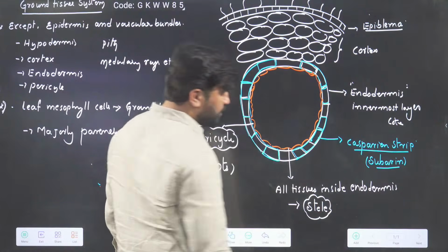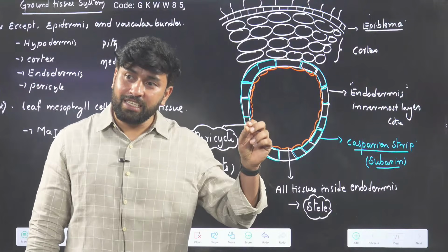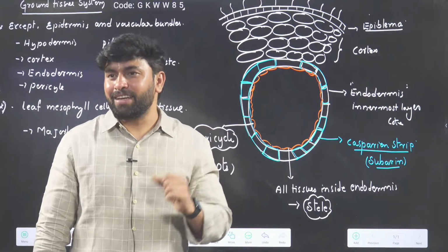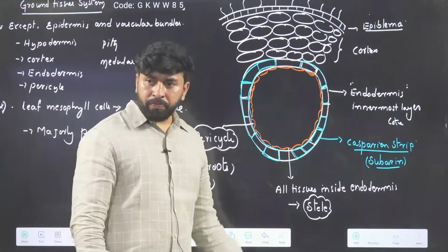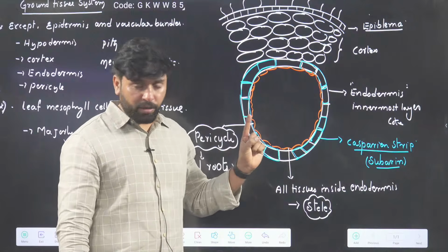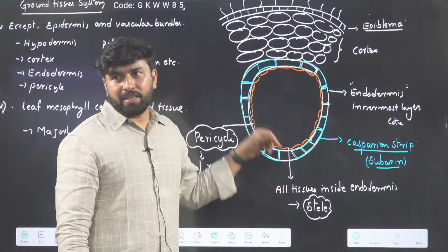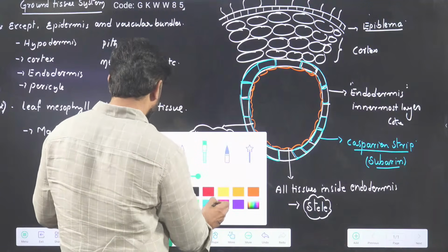Here stele means cylinder or central cylinder, not steel, not iron. Stele means center. Observe the story. When I go inside the stele, I will first encounter pericycle. After that, I will find xylem and phloem.